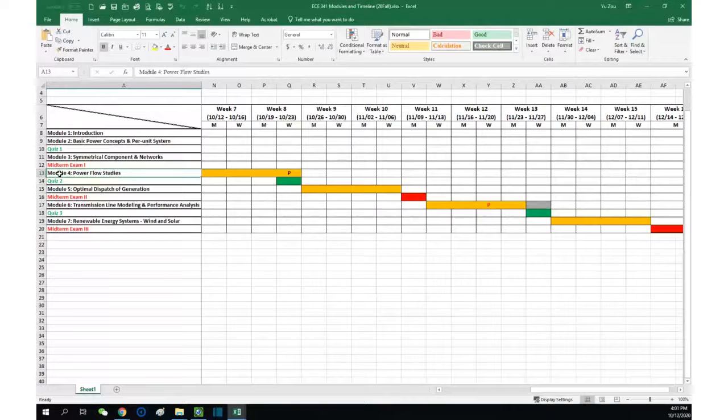By the end of this module, we will have a project assigned, which will be due a month from then. As you can imagine, the project is about module 4, the power flow calculations. It requires the use of MATLAB.